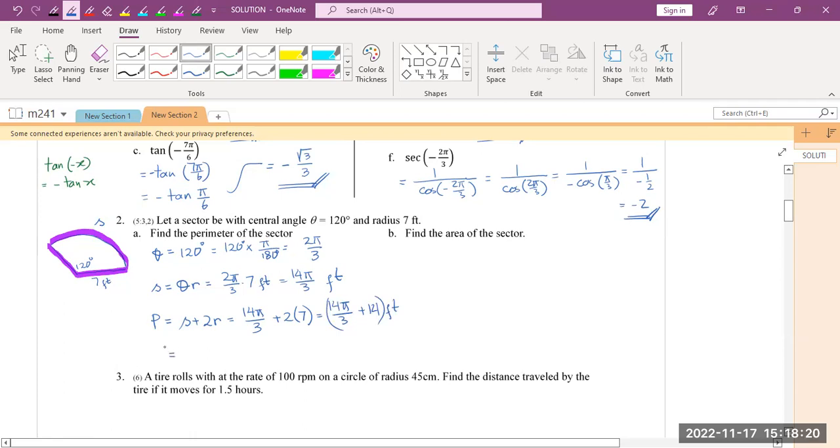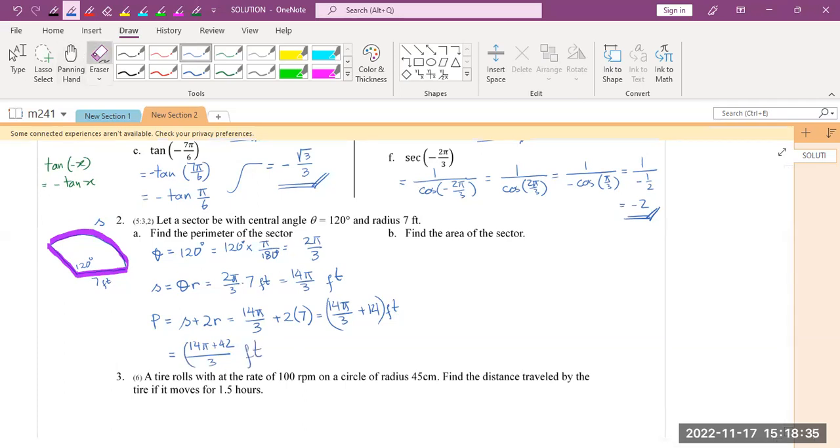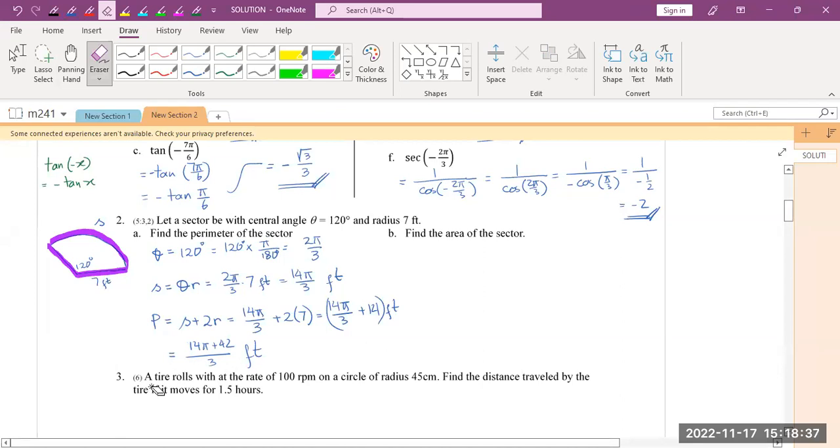If you want to do the LCD, then 14 times 3 is 42, so 14 pi plus 42 over 3 feet. If you want a common denominator, that's how, but I will be happy enough if you can finish here.